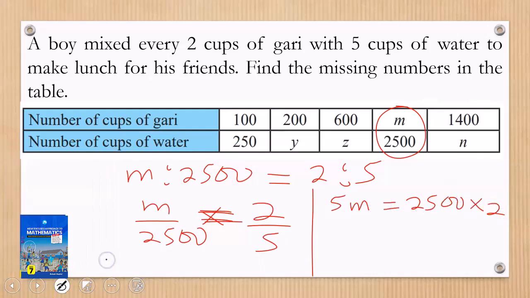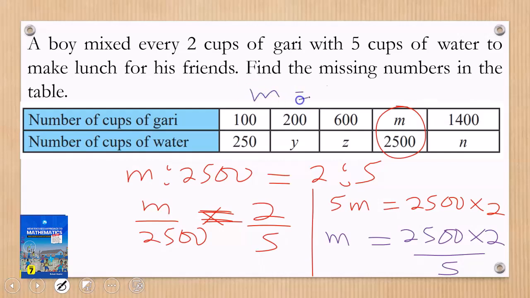Now, when we divide both sides by 5, we have 2,500 times 2, all divided by 5. 5 can divide 2,500 as 500, and 500 times 2 will give us 1,000. So m will be equal to 1,000. I hope it makes sense. Go ahead and do it for n as well.